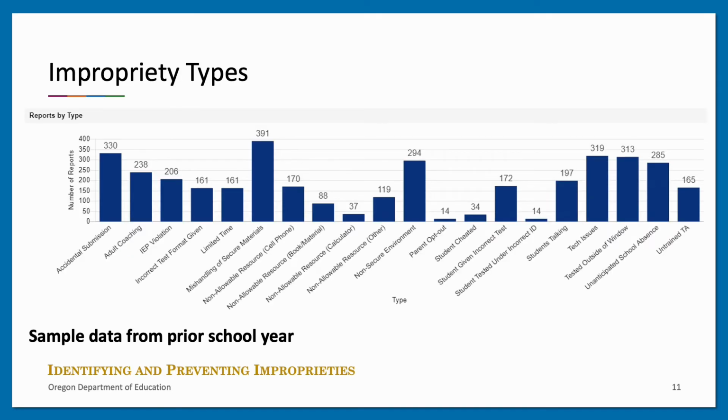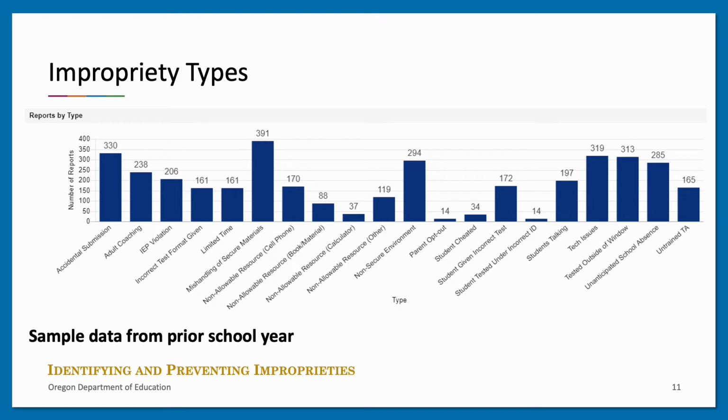ODE tracks the type of impropriety reported in an effort to understand the critical areas of concern that can be emphasized during training. The most common improprieties are mishandling secure materials, accidental submissions, technology issues, and testing outside of the testing window.